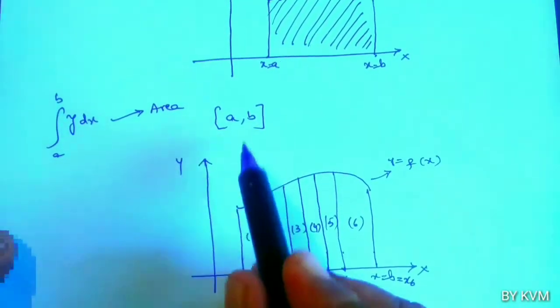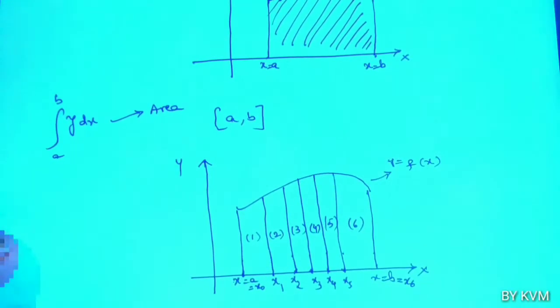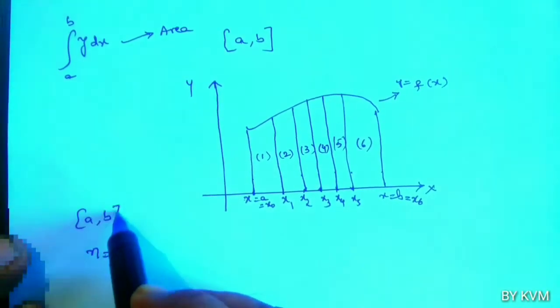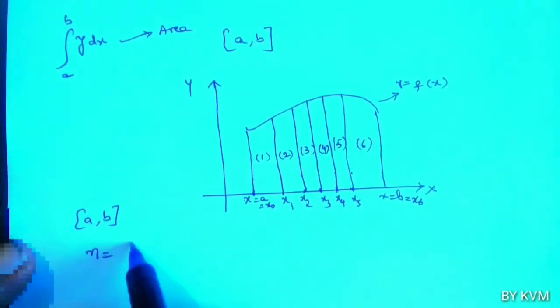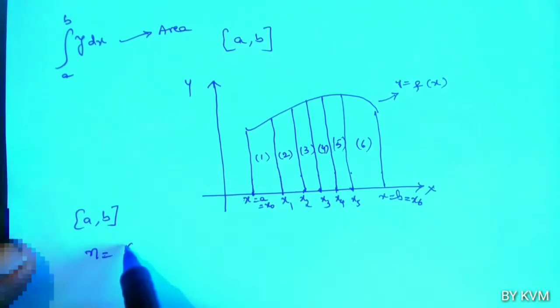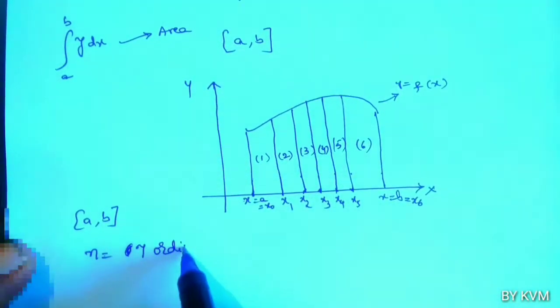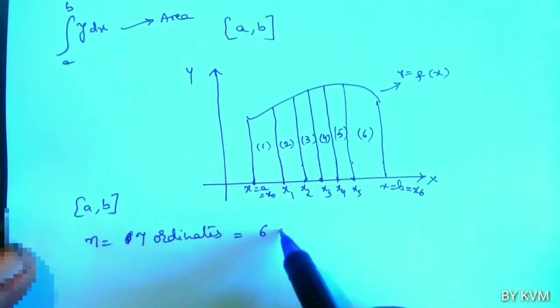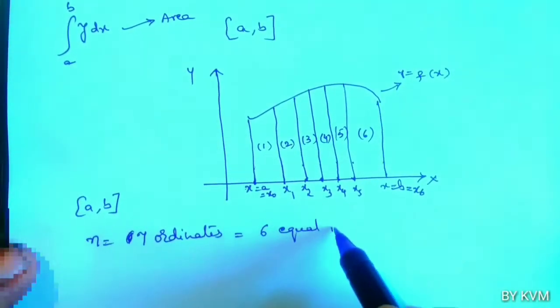So, the interval a to b is divided into 6 equal intervals taking 7 ordinates. So, 7 ordinates means 6 equal intervals.